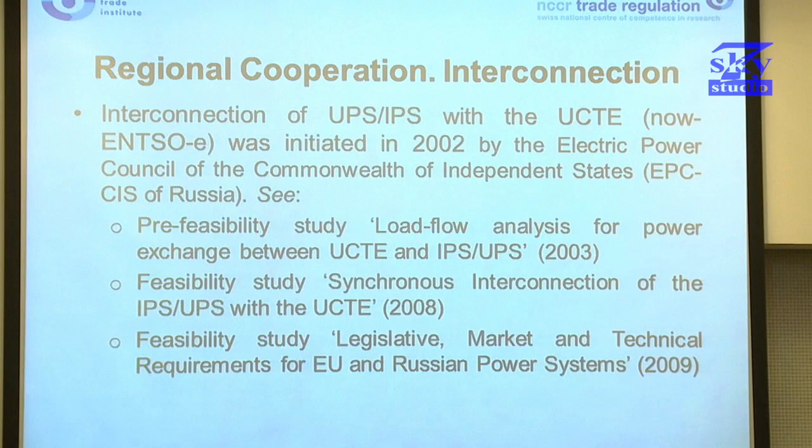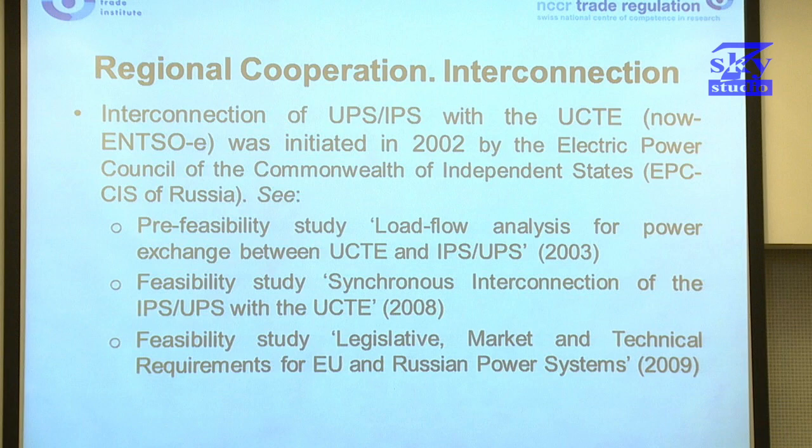Now, briefly, I also have to mention that in 2002, the Electric Power Council of the Commonwealth of Independent States initiated a dialogue suggesting that European and Russian electricity systems should be interconnected and synchronized in order to achieve the goals of free trade of electricity in the long run.